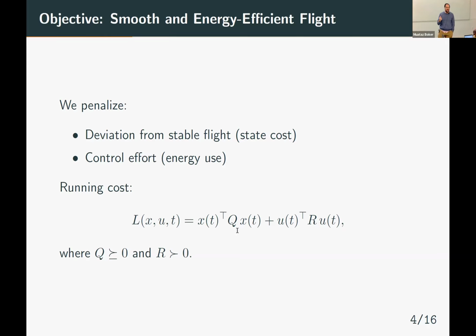Remember, X is a vector here, and Q and R are matrices. Quadratic terms have many advantages in terms of differentiation, positive definiteness, and all that. So that choice is deliberate, and it's typical.